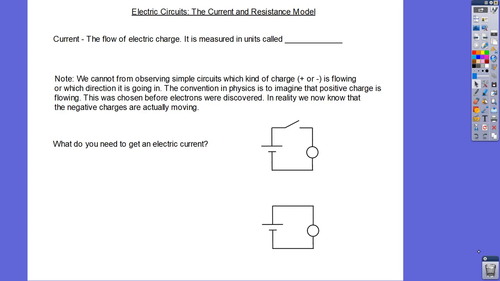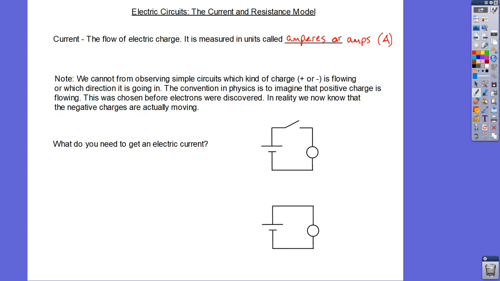Okay, so we know the current is the flow of electric charge measured in units of amperes, or sometimes just called amps, and that's symbolized with a capital A. Okay, and just with my note there, I want you to realize that we don't know which direction the charge is going.